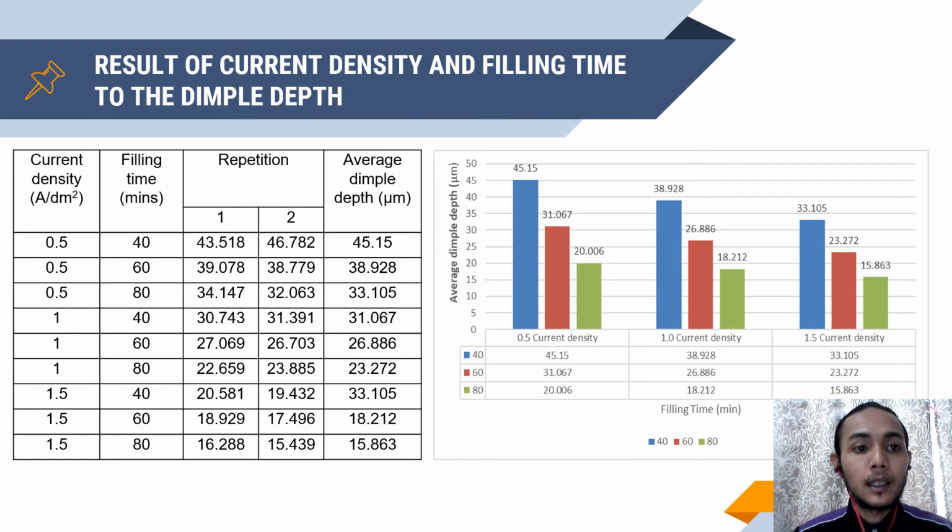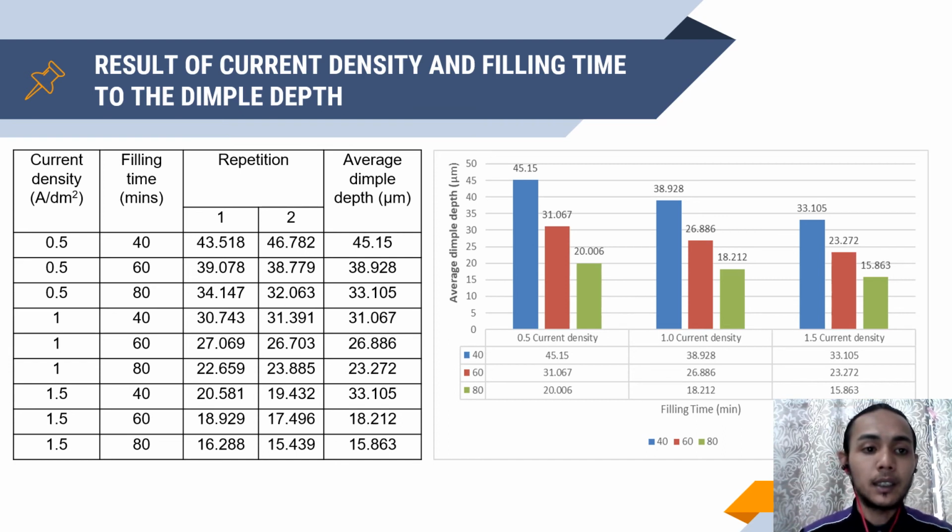Furthermore, this is the result of the current density and filling time on the dimple depth. As we can see here, as the current density and filling time increase, the dimple depth will decrease because the copper deposition causes a reduction in the filling depth.